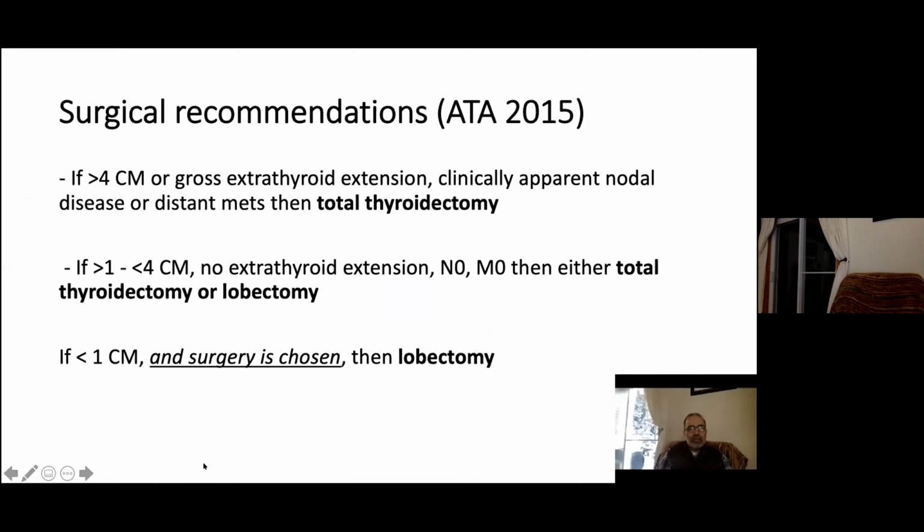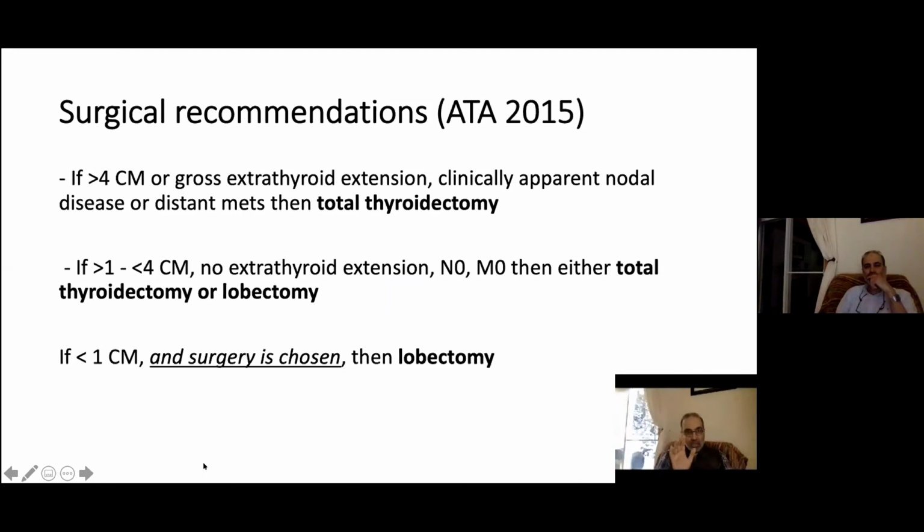If your primary cancer is more than 4 centimeters and there's evidence of gross extrathyroid extension, then you basically go for a total thyroidectomy. If it is between 1 and 4 centimeters, then you can go with either total or partial thyroidectomy.